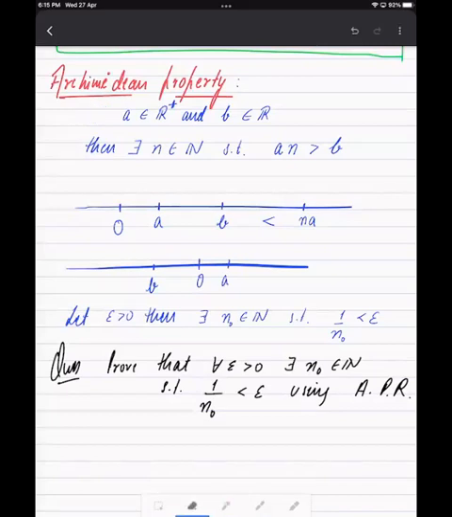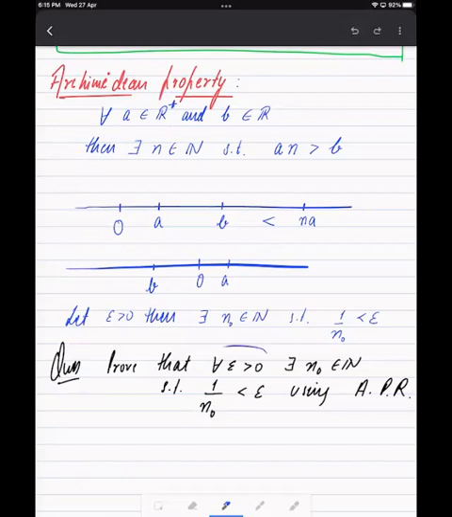You can see, nothing you have to do. Just the Archimedean property. What does it say? A has to be positive, greater than 0.